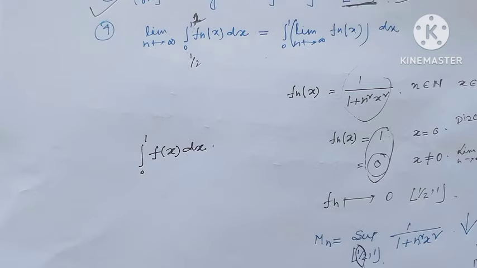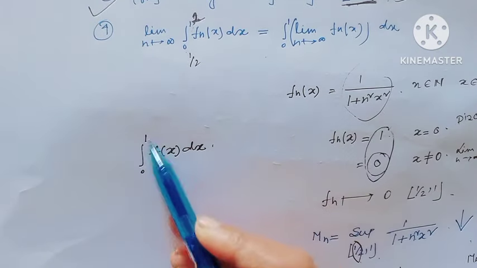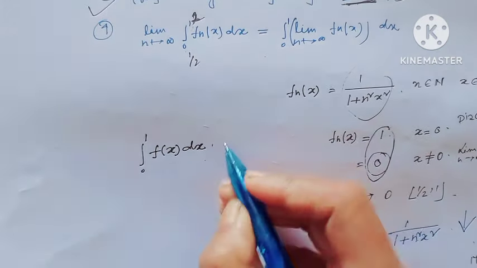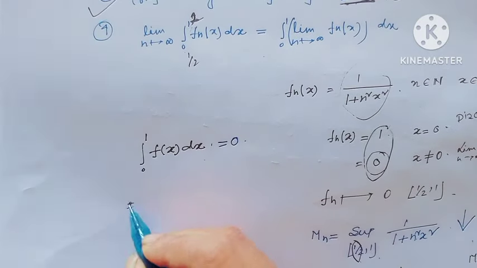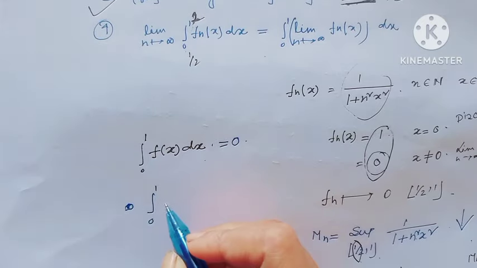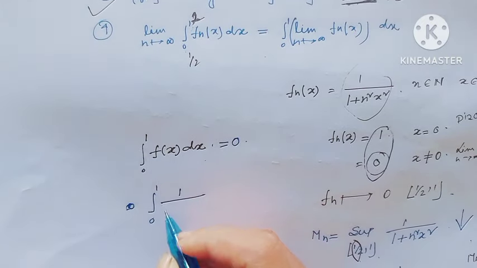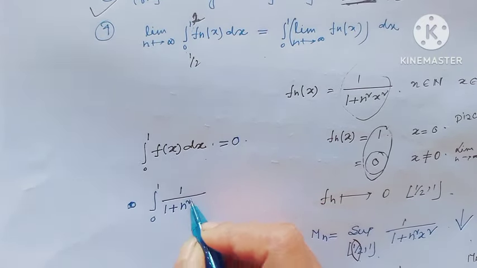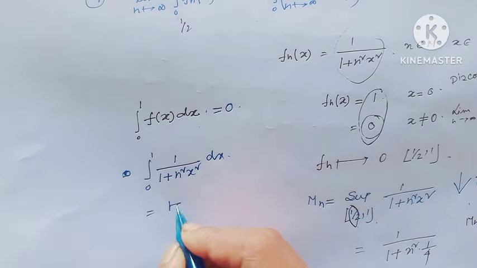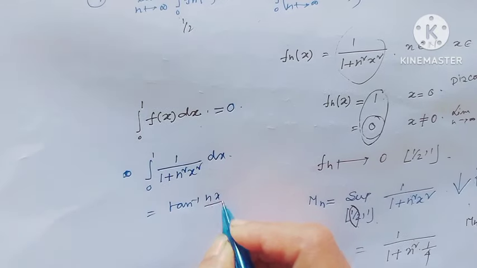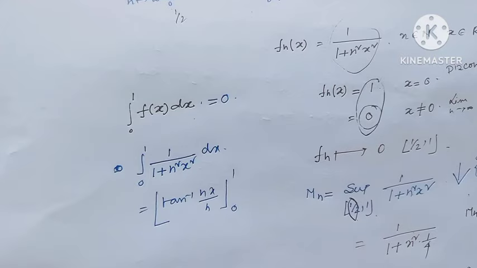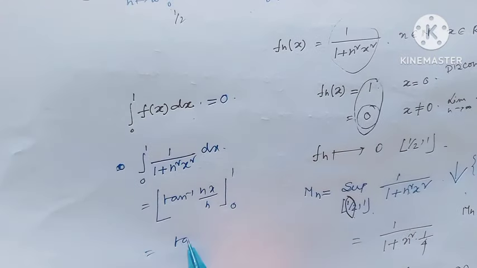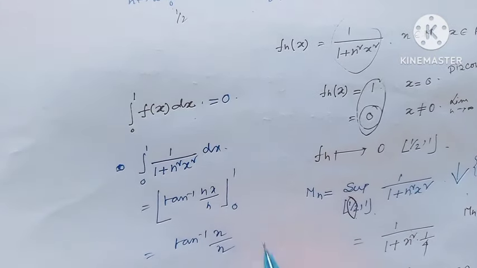Here integration 0 to 1 of F(x) dx is equal to 0. But if we apply integration 0 to 1 of Fn(x) dx, this is the integral of 1 over 1 plus n squared x squared dx. So this value would be tan inverse of nx over n, from 0 to 1. So this value equals tan inverse n over n.